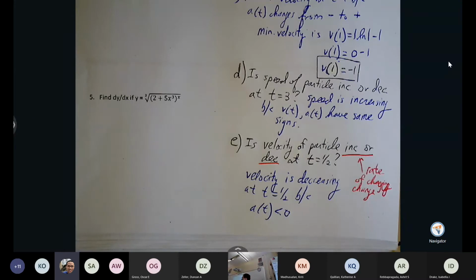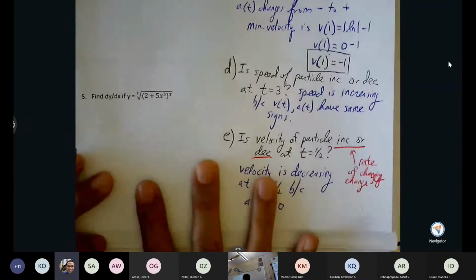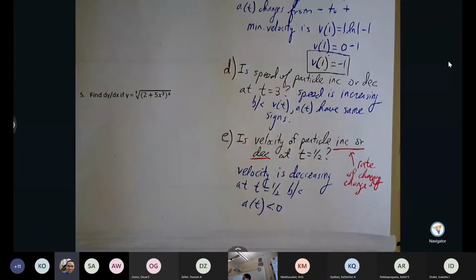Okay, questions? Okay, so this is the type of flow that you're going to be expecting on the particle motion problem. Maybe we'll do another one, but at least we got our feet wet, and we can get more comfortable over the next day or two.